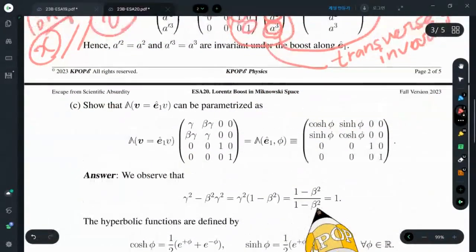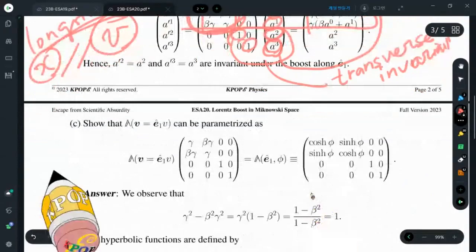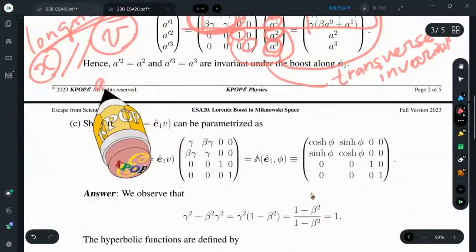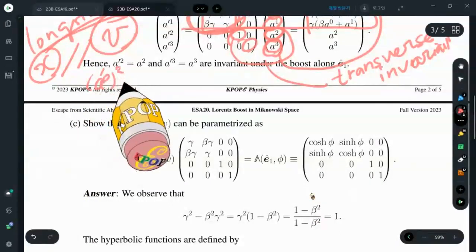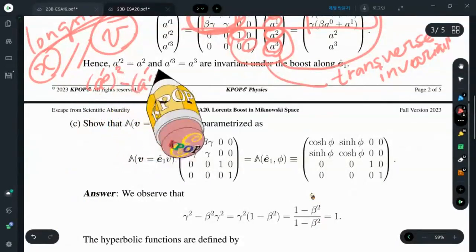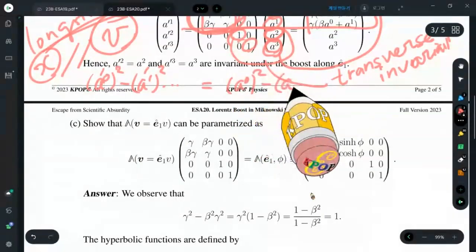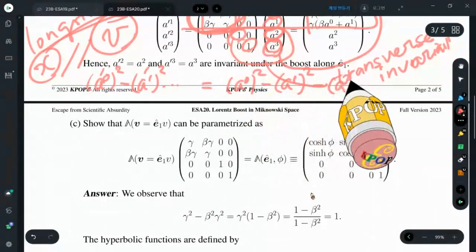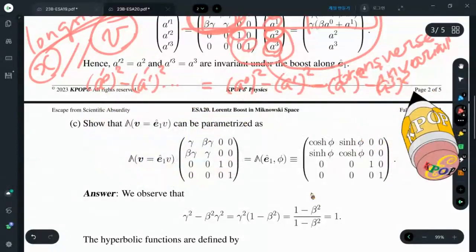Let's see. If you square this, A0 prime squared, A1 prime squared, and so on, A0 squared minus A1 squared, A2 squared minus A3 squared. This should be invariant.